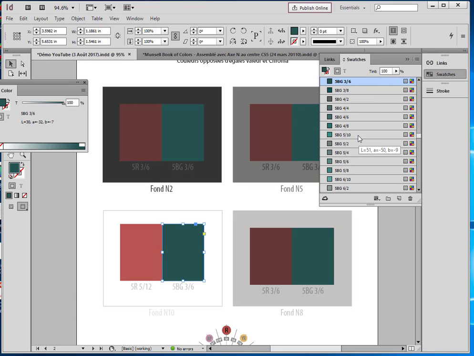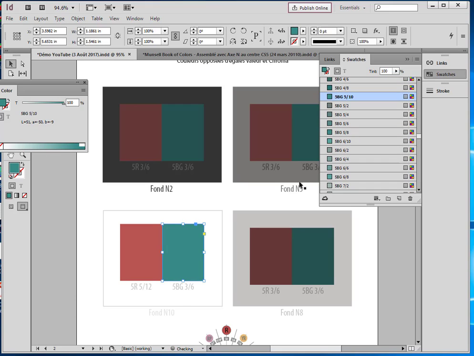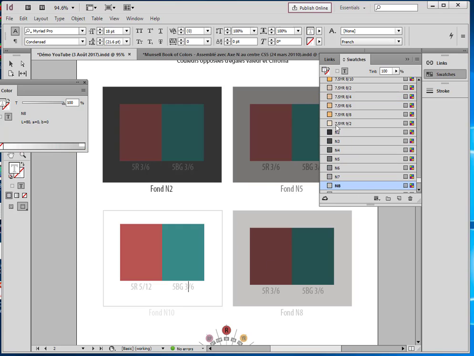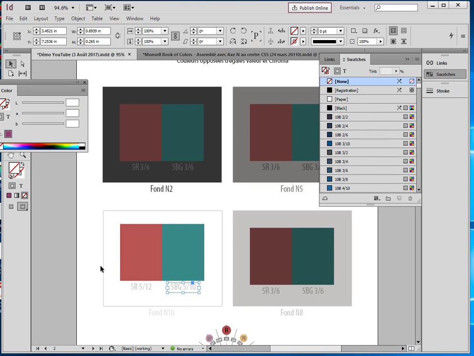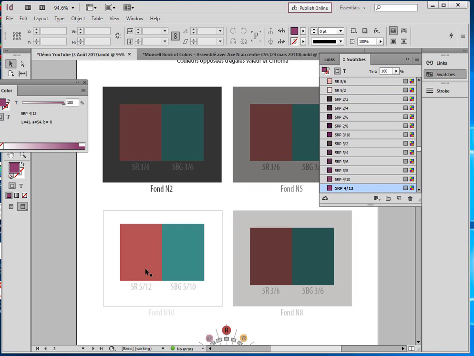Let's go 5, 10, same value, but 10. We don't have a 5, 12, I think, on this blue-green, which is one thing that's always a problem whenever we work with these chips. We don't have here a 5, 12. No, we don't. See, it's very interesting.